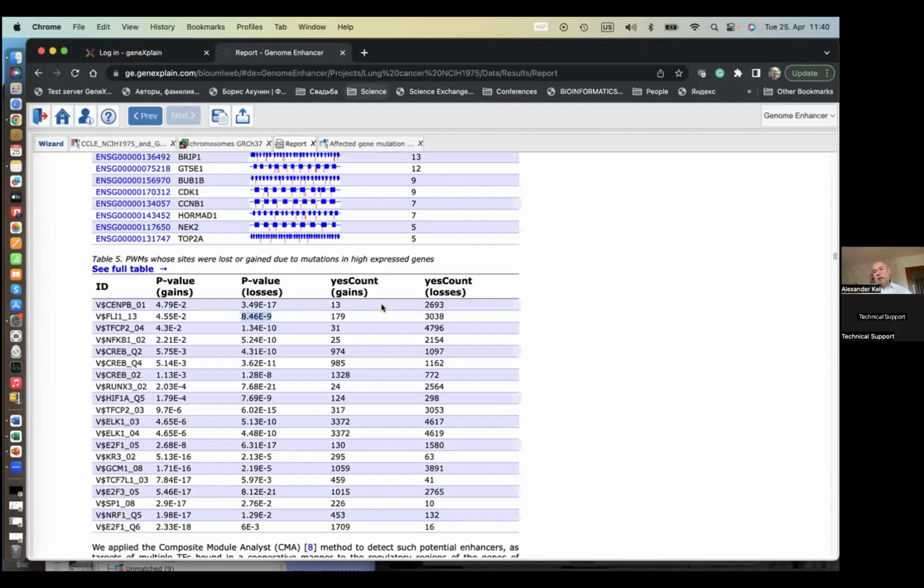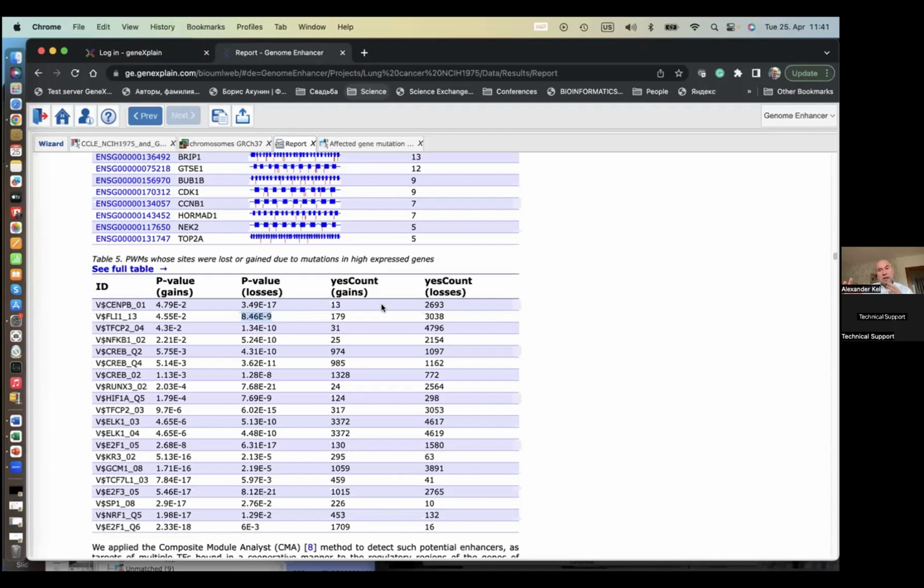So drugs usually bind to targets which are proteins. So if you have mutations in the protein which change this binding of the drug to a protein, then of course they are affecting. But here we are talking about mutations not in the protein, but in the promoter of the gene which encodes that protein.